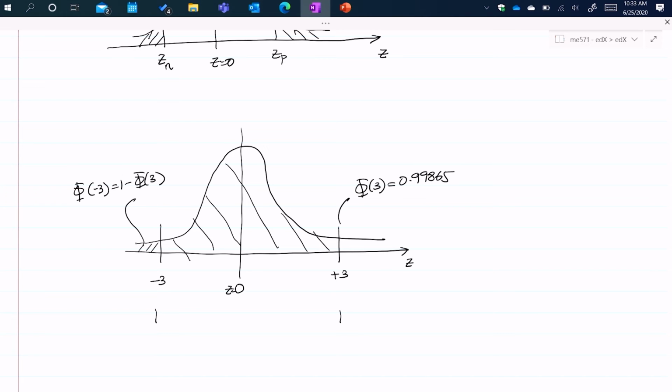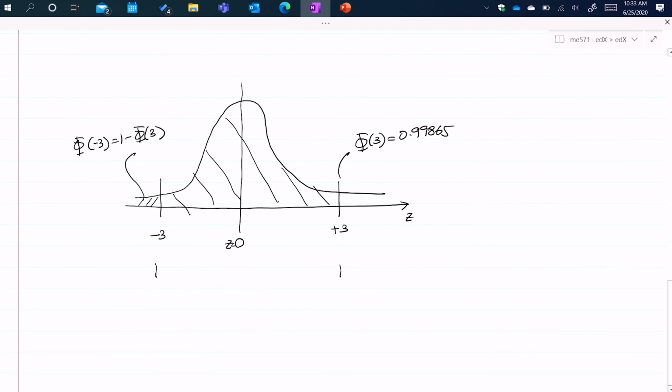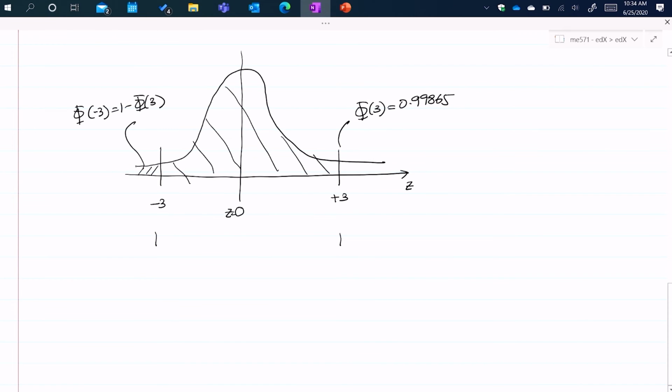And we will assume in this class, for the sake of concreteness, that the manufacturing capabilities are 3 sigma on our limits. It doesn't have to be 3 sigma. It could be 2 sigma, 4 sigma, 5 sigma, whatever. But for the sake of concreteness, we will assume manufacturing capability given a dimensional tolerance to be plus or minus 3 sigma.